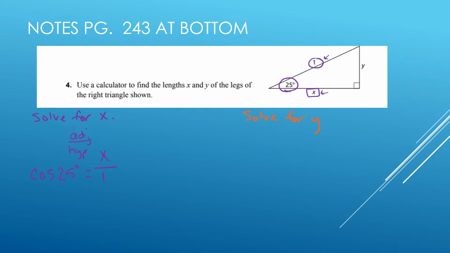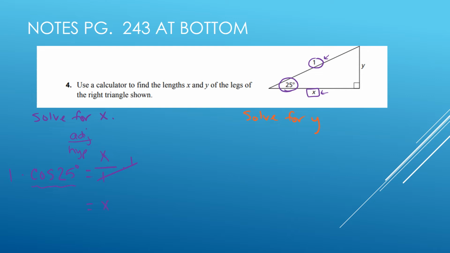What I would do in this case is simply solve for x. That means I multiply by 1 on both sides. In my calculator, I'm going to have to figure out what cosine of 25 is, and then multiply that by 1, and that gives me what x is. I have a calculator here. I couldn't get it to show up on the screen, but basically in the classroom calculators, you type in 25 and then cosine, and that gives you 0.906.